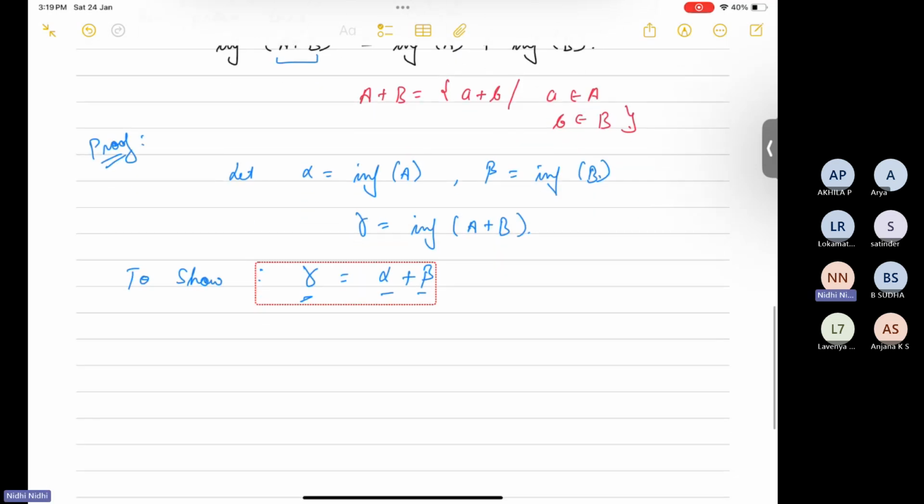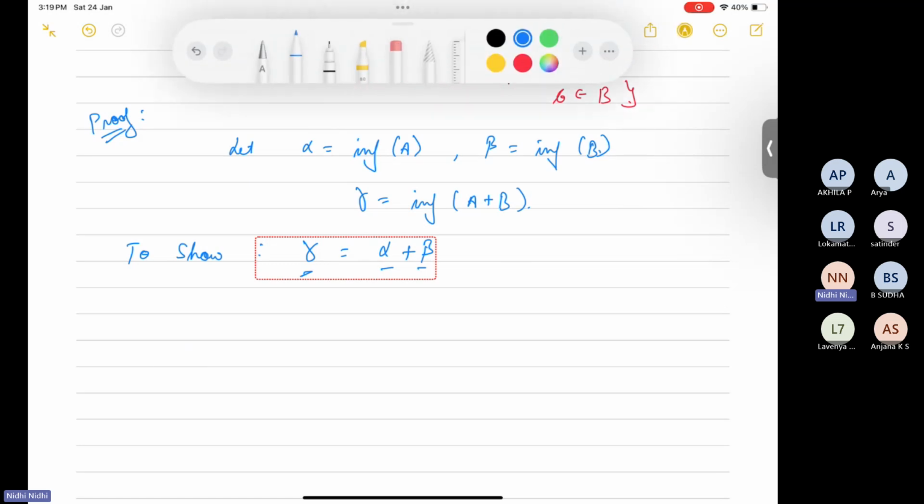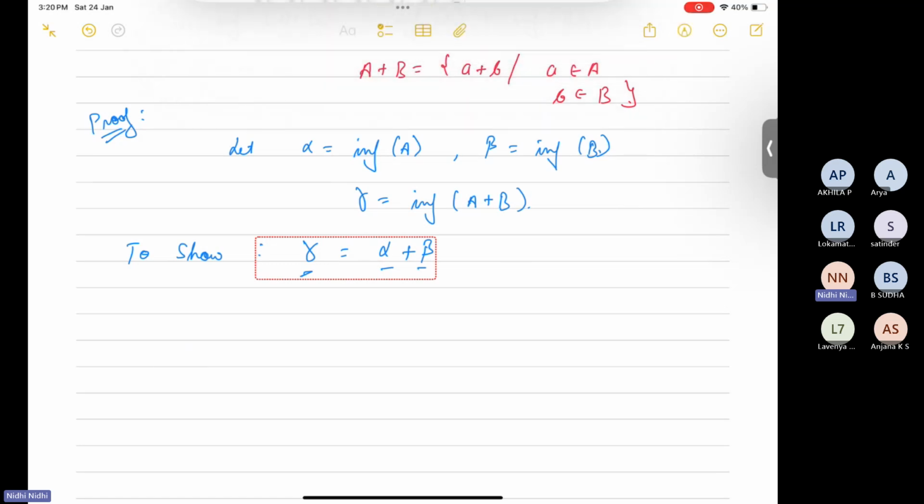Or how do we prove that two sets are equal? This you must have done in your high school, no? If we have two sets, suppose S and T, we need to show that these two sets are equal. How do we prove?